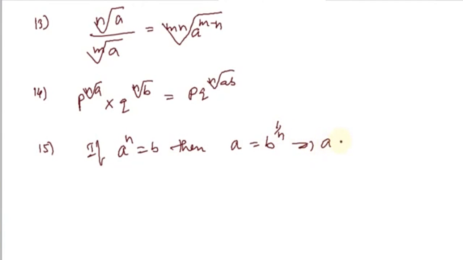From this, a is equal to nth root of b, because b power 1 by n is nth root of b. Now the last formula: nth root of a power m is a to the power m by n, because nth root we can write as 1 by n. Okay, so these are the important 16 formulas.